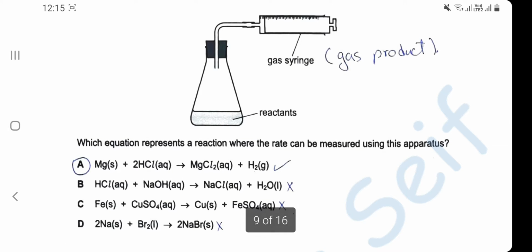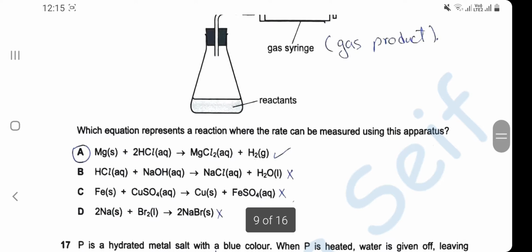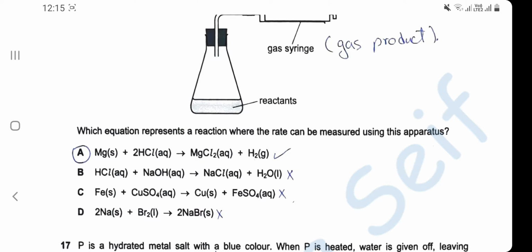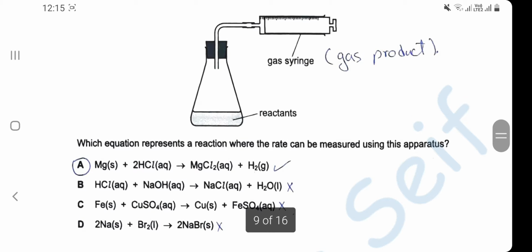Here we are measuring the rate of reaction by measuring the volume of gas collected. So for the reaction, we will choose the equation in which the reaction is correct and one of its products is a gas and can be collected here.